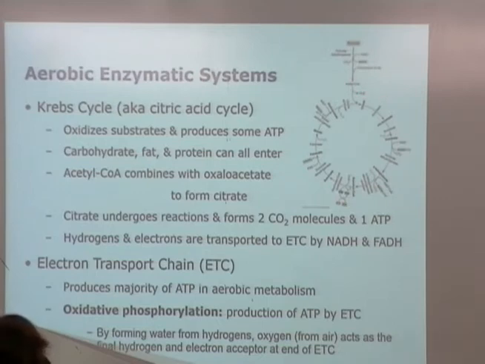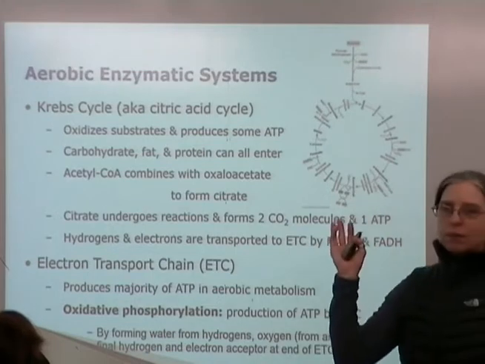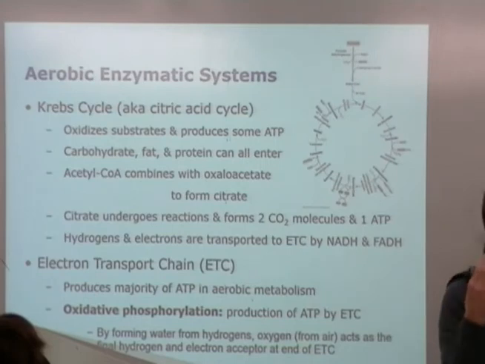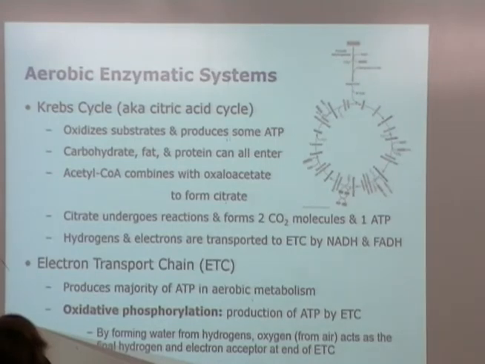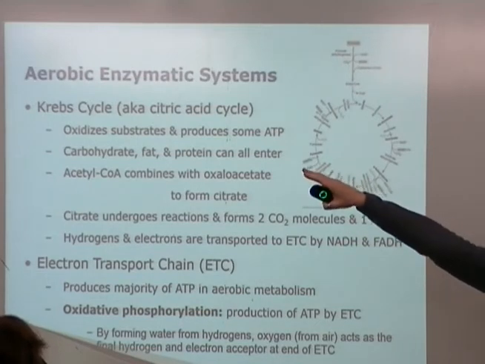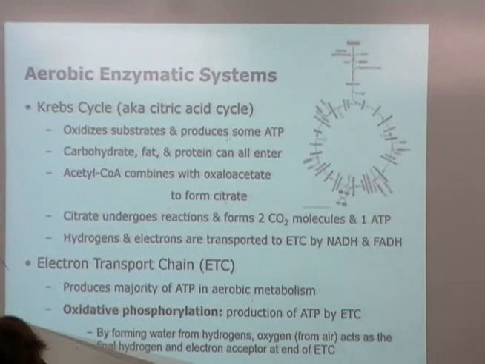Now, remember I said that the number of carbons was going to come back and play a role, right? Glucose, glycogen are 6 carbon molecules. We get 2 pieces of pyruvate, 2 three carbon molecules of pyruvate. And pyruvate breaks down into acetyl-CoA, which is actually a 2 carbon molecule.